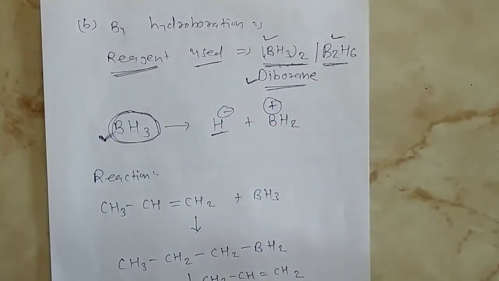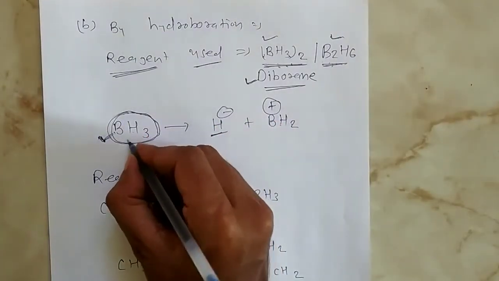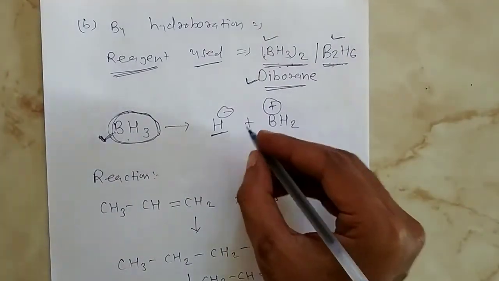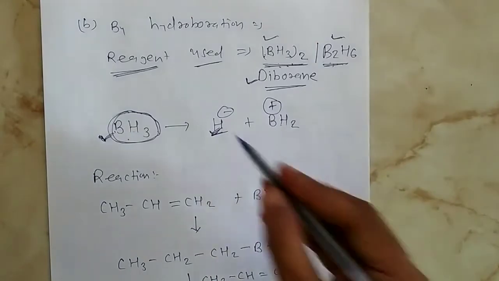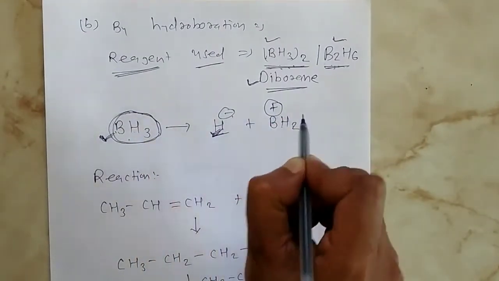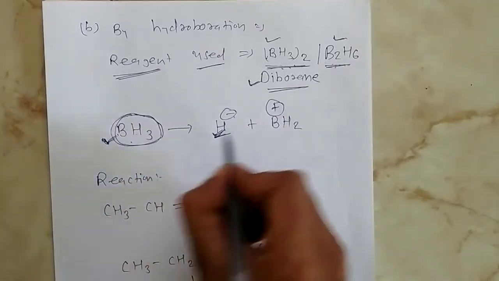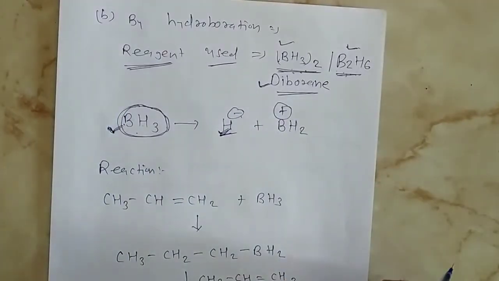Generally hydrogen makes a positive ion, H plus, but here one advantage of this reagent is that it can make H minus ion. This one is a special reagent. So 2 ions will be formed, H minus ion and BH2 plus ion.